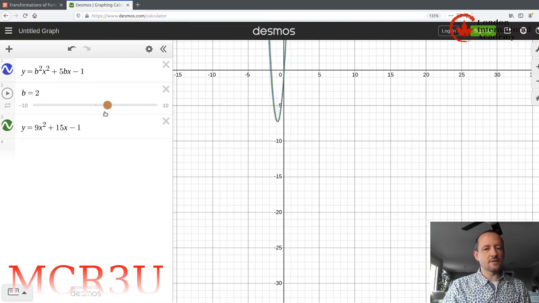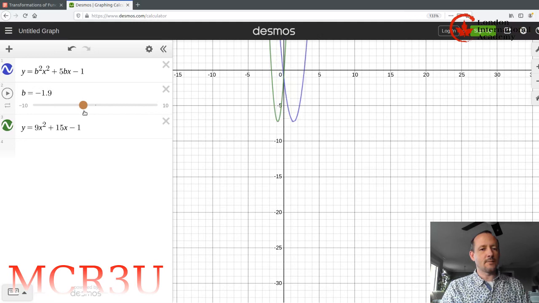So there's a horizontal compression. I can make this go more or less horizontal there. So when I make it 10, it's very close actually. It's compressed by a factor of 10. And when I make it 1/10, something like 0.1, there, now it's 10 times further.